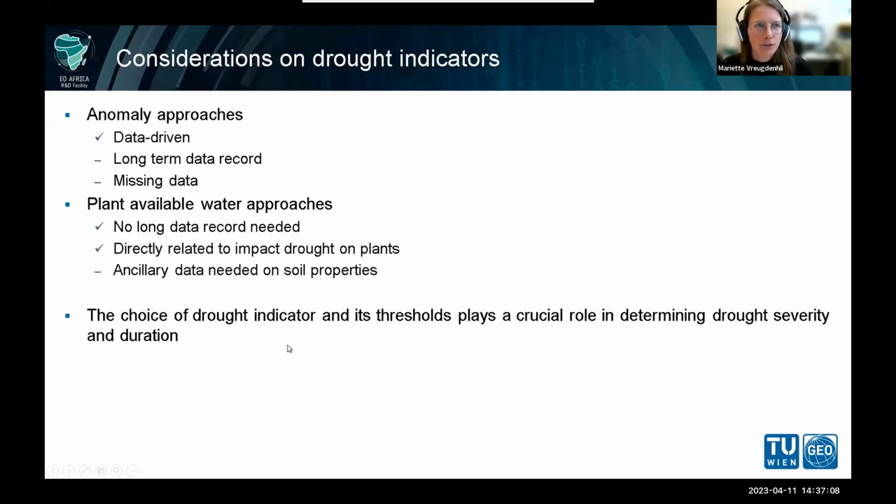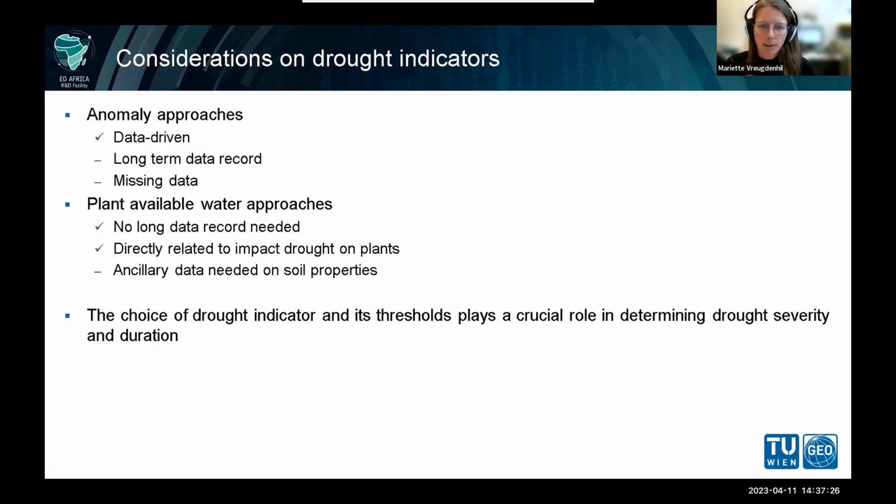So first, some considerations. If you're using anomaly approaches, so based on deviations from the long-term mean, the advantage of this method is that it's purely data-driven. You don't need any other data, except you need a long-term data record so that you can calculate the anomalies, right?